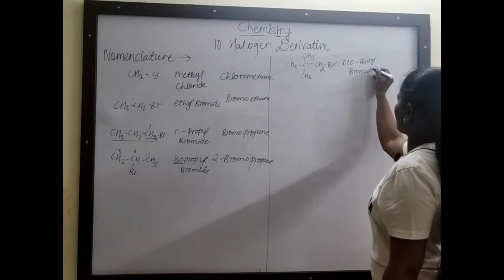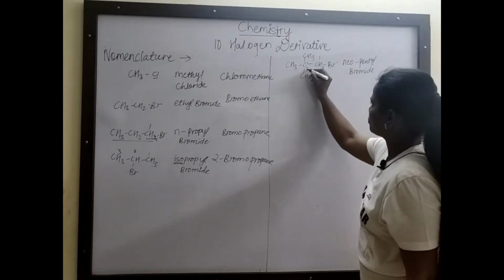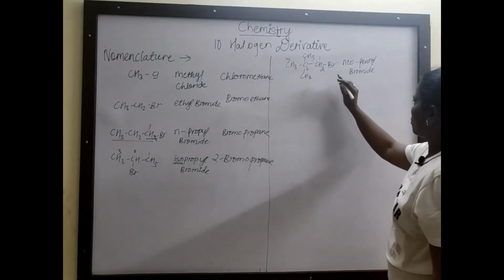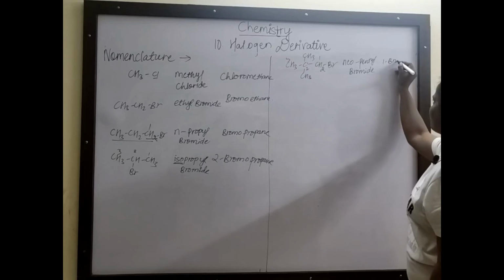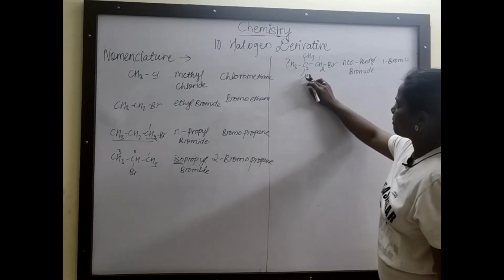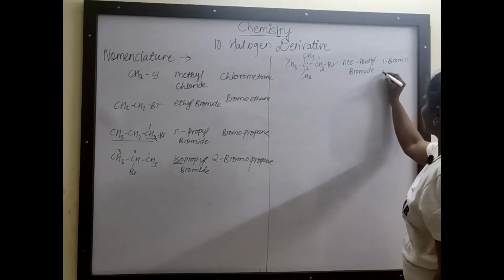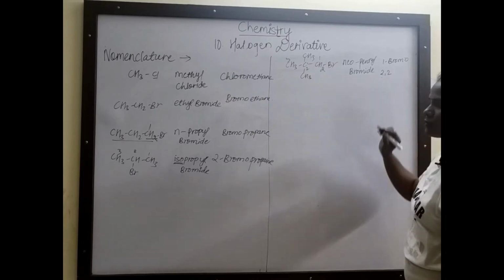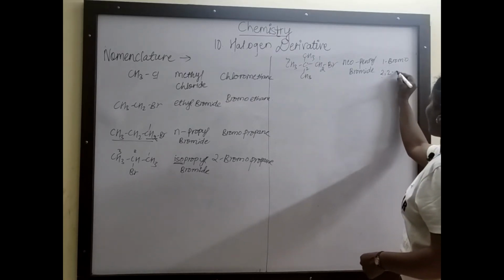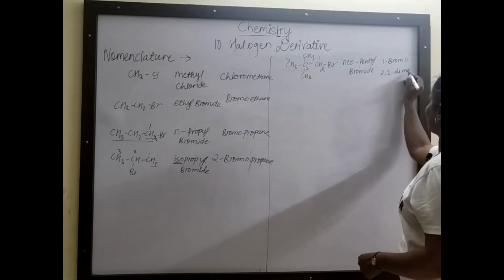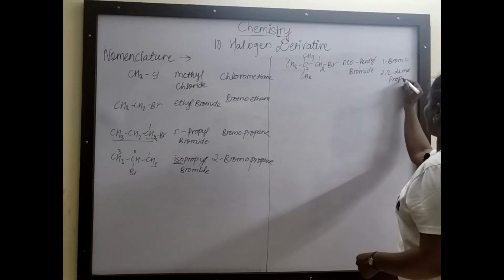And IUPAC name, how to write it? 1, 2, and this is 3. On the first carbon atom bromine is there, so it is 1-bromo. On the second carbon atom, 2 methyl groups are there. So to show the 2 methyl groups, twice we have to write it, 2, 2. So 1-bromo, 2,2-dimethylpropane. This is the correct name.